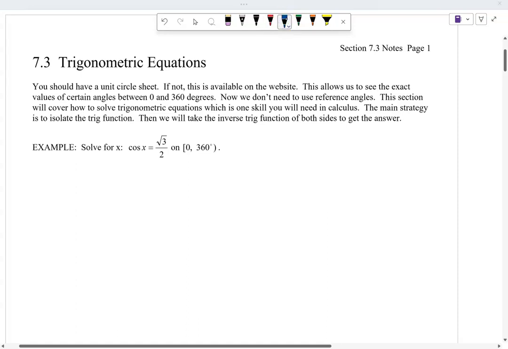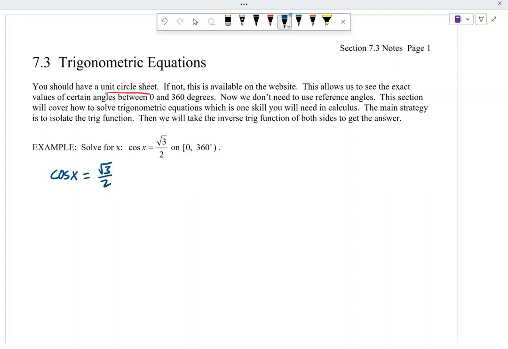Today we're going to talk about trig equations, and so we're going to use our unit circle sheet quite a bit. The main strategy when you're solving, for example with this first one, is to figure out for what values of x this is true.